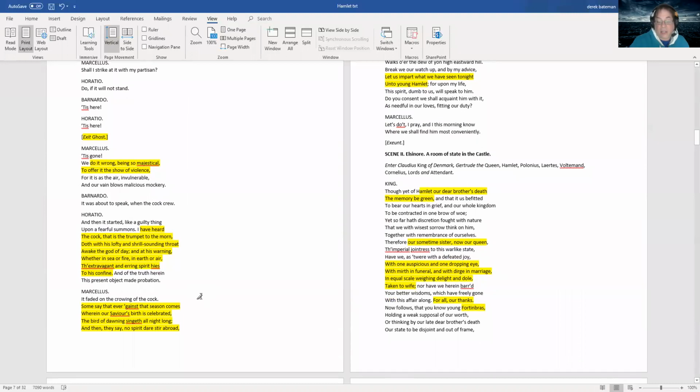So what he's saying is that he's heard that during the time of Christ's birth, during high holidays, very much in the Catholic vein, when it is celebrated, the rooster is crowing all night long, which keeps all the evil spirits away. Now, this is important.